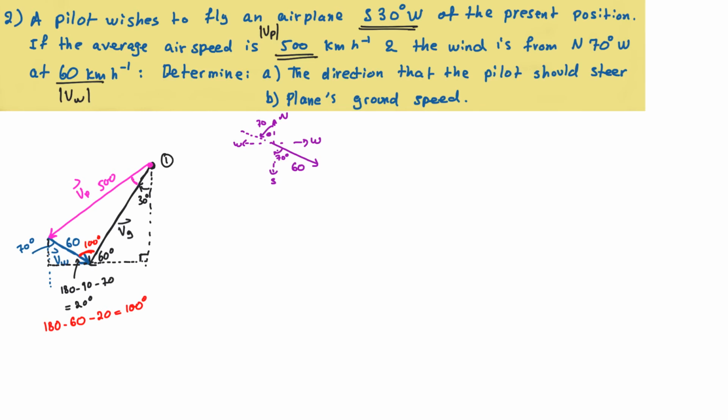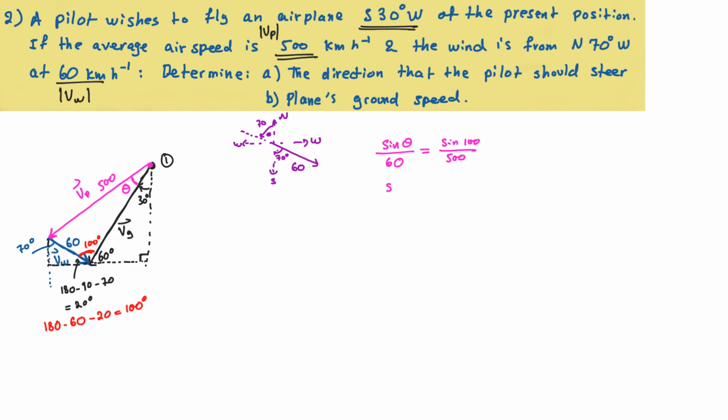angle over here, theta, I'm going to use the sine rule. The sine rule says that sine of theta over my side 60, the opposite side, is going to equal to the sine of 100 divided by its opposite side's length, which is 500.